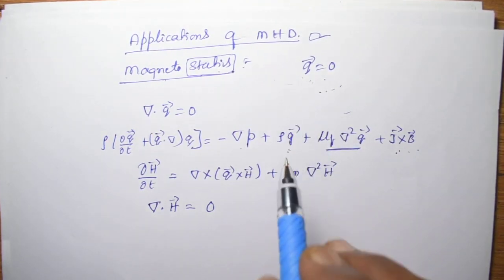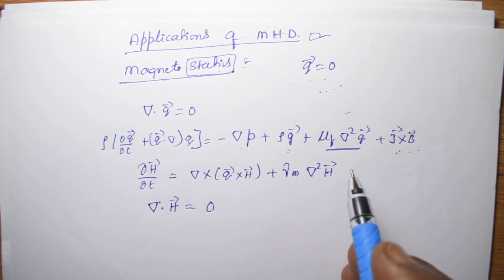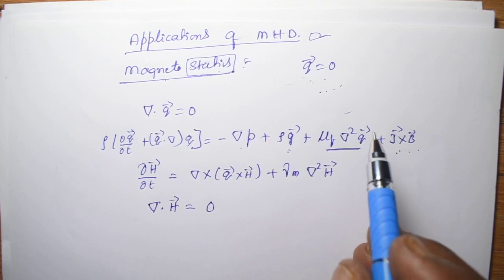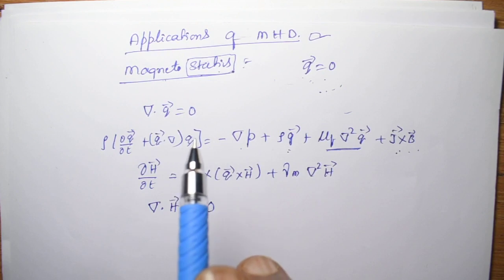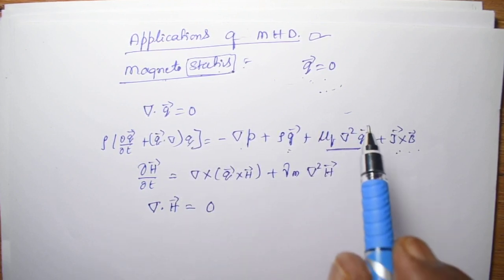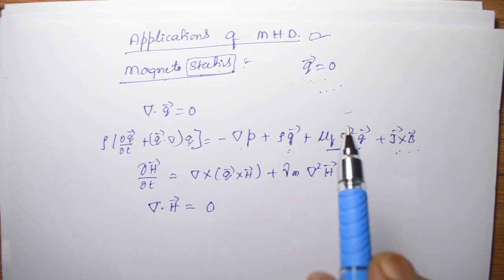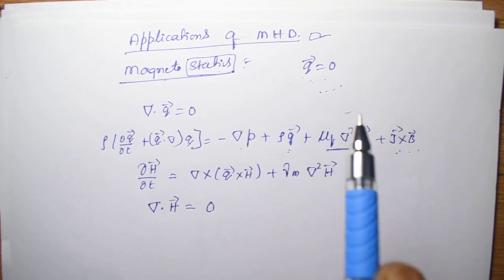Now we have to derive the basic equations for magnetostatics. There will be no separate equations for magnetostatics. Our usual MHD equations are the basic equations of magnetostatics, but wherever you find q, you replace it by 0.